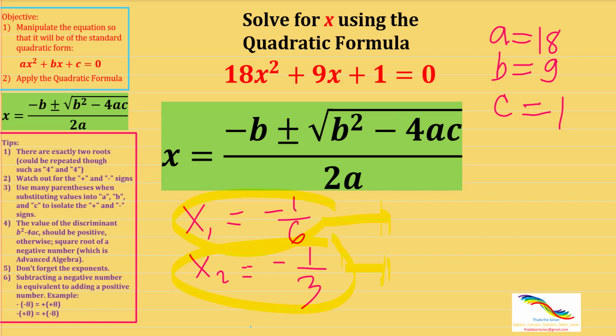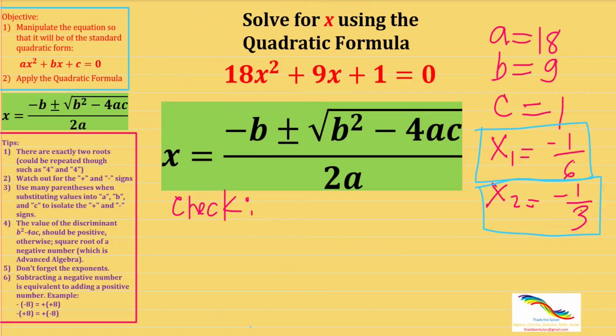The first root is minus 1 over 6. The second root is minus 1 over 3. So of course what we need to do is to have a cross-checking operation. Let's do some check. Okay, we have cleared our board and let's try to do the check.